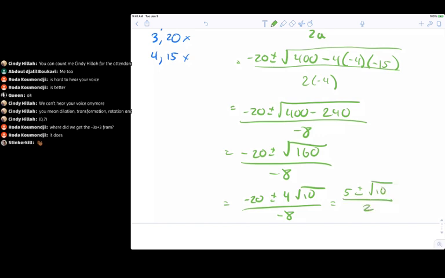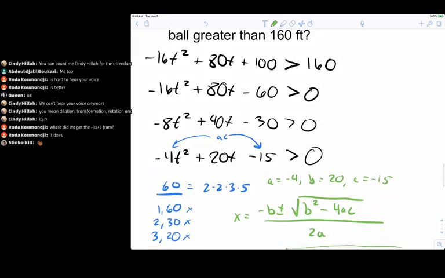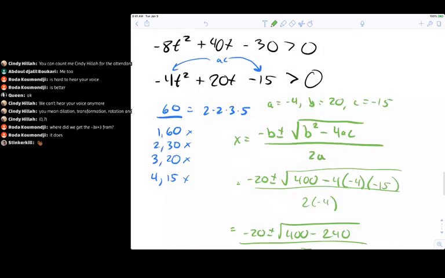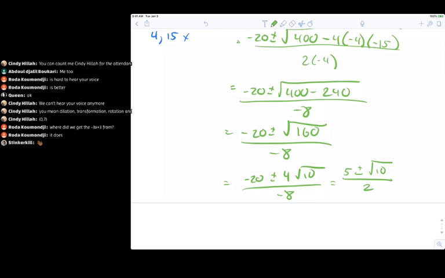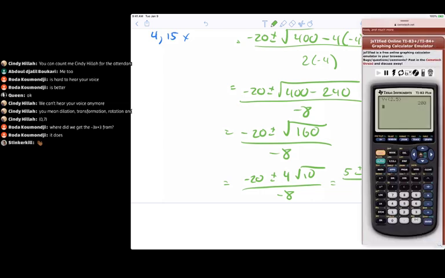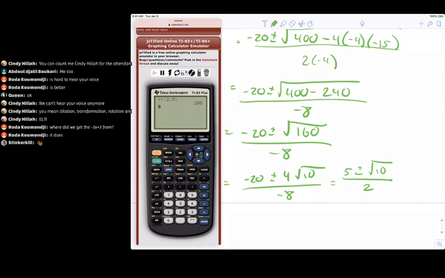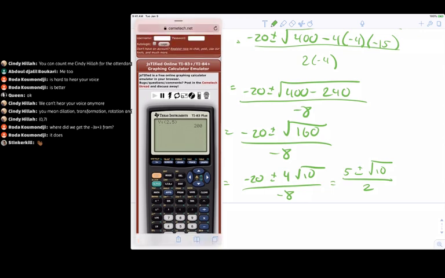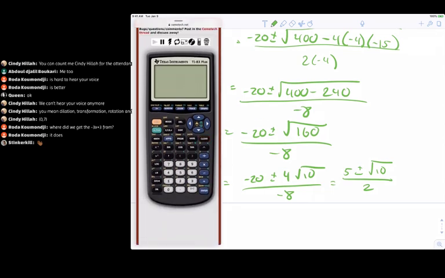Okay, what did we just find? Oh, so those are decimals. Let's find those decimals just to get a sense of where they are. So if we said 5 minus the square root of 10, divided by 2, we get this result.